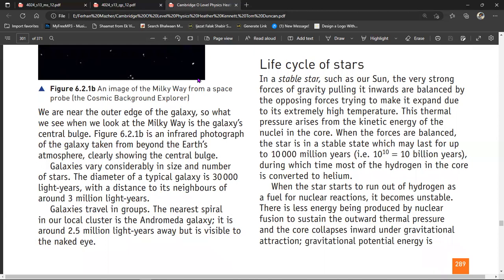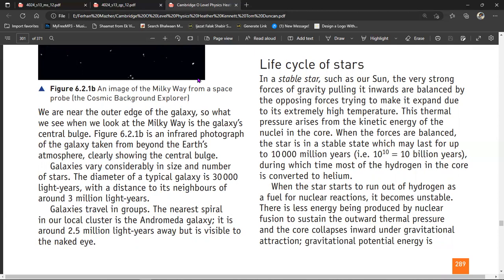This thermal pressure arises from the kinetic energy of the nuclei in the core. When the forces are balanced, the star is in a stable state, which may last for up to 10,000 million years, during which time most of the hydrogen in the core is converted to helium.